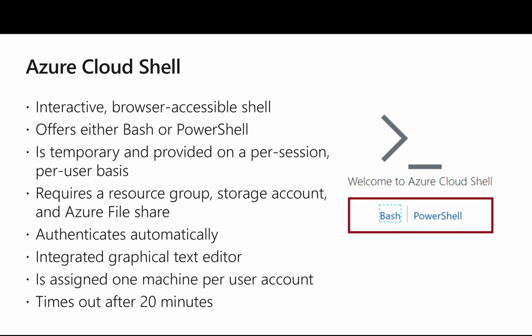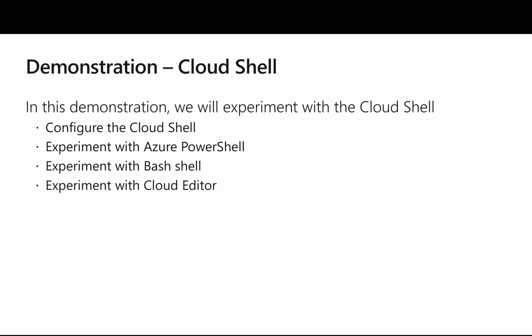For every user, we get one machine assigned for this particular Cloud Shell. So this is one of the easiest ways to manage Azure, and if we want to run some quick commands, you can just open the Cloud Shell and run them. That's how we normally use the Cloud Shell. We will now look at a demonstration of how to use Cloud Shell.